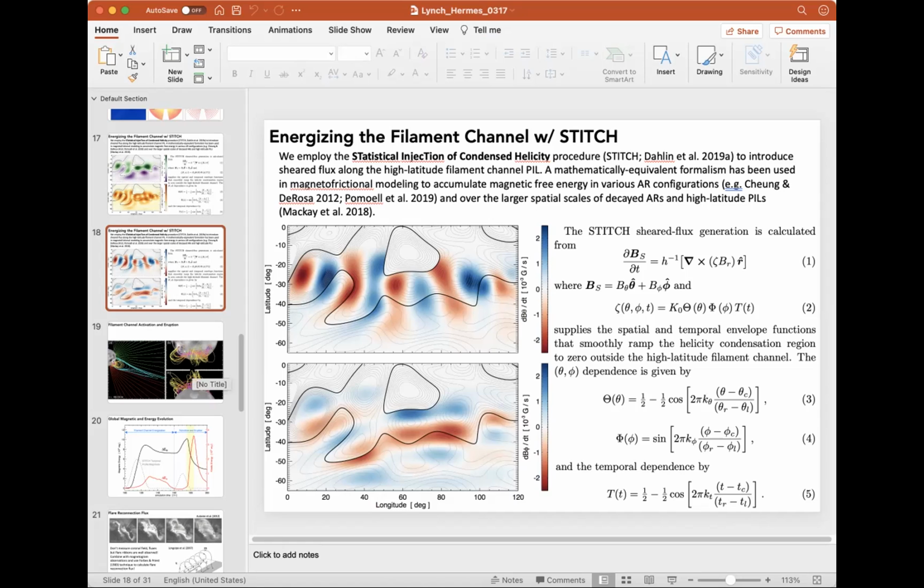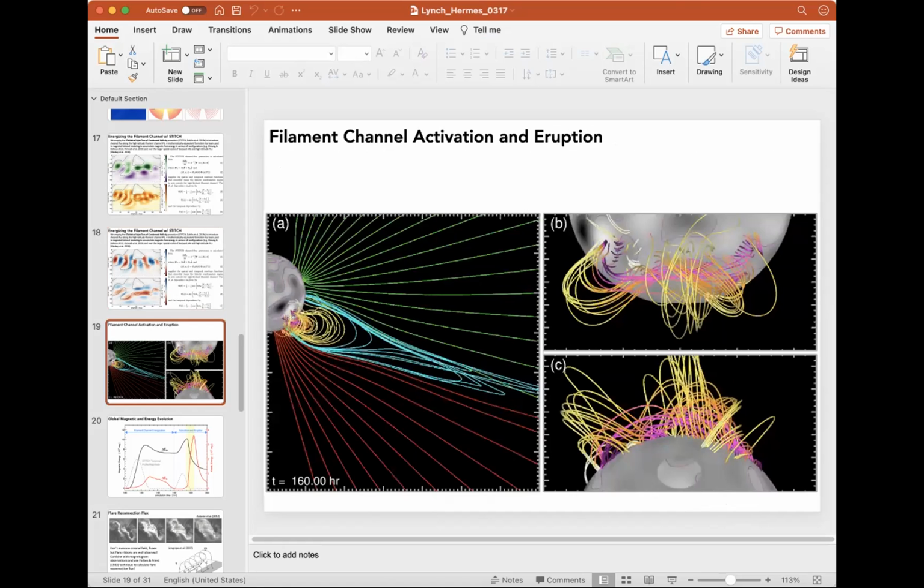It was designed to power global magnetofrictional modeling, and they needed to come up with a statistical version of the helicity condensation in order to get the chirality of all those high latitude filaments correct.